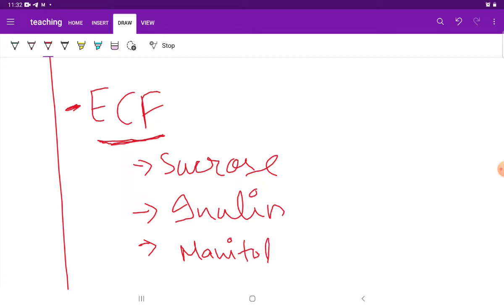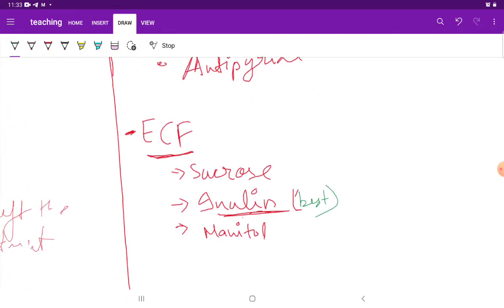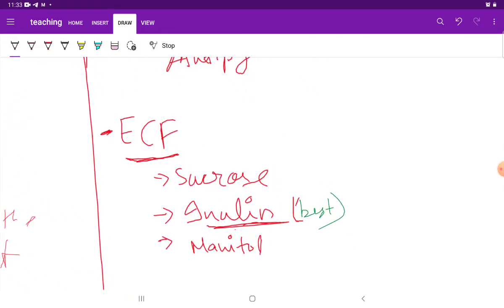The thing to keep in mind is that the best dye to measure the ECF is inulin. Why? Because it does not get metabolized easily and does not leave the compartment. Whereas we call it deuterium space for total body water, here the extracellular fluid ECF is called sucrose space.